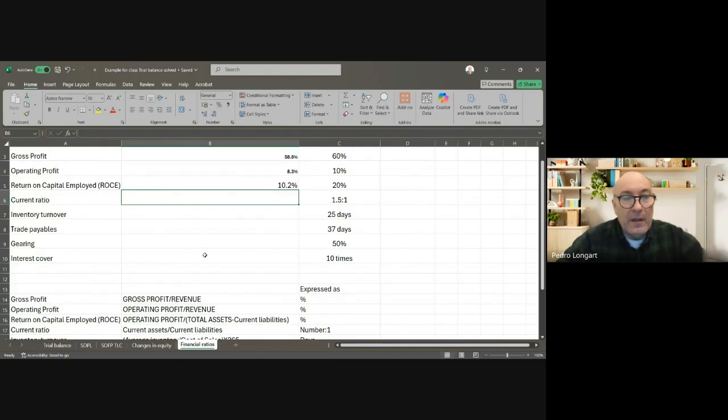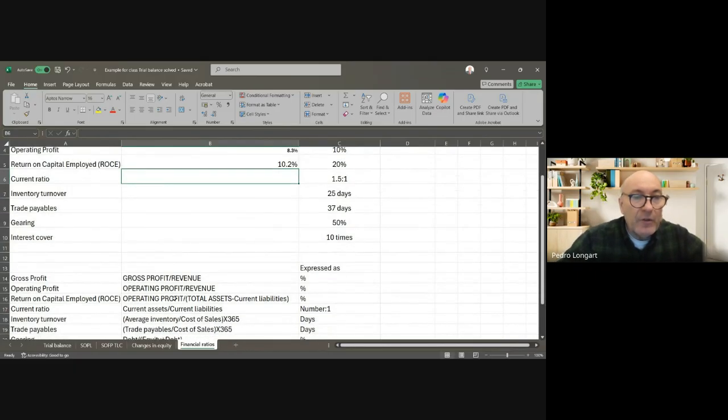So, let's go for the current ratio. The current ratio is the current assets divided by the current liabilities. What does it mean? The current assets are things that I could get rid of or use very quickly. It's not like long-term assets, because equipment or anything like that takes time.